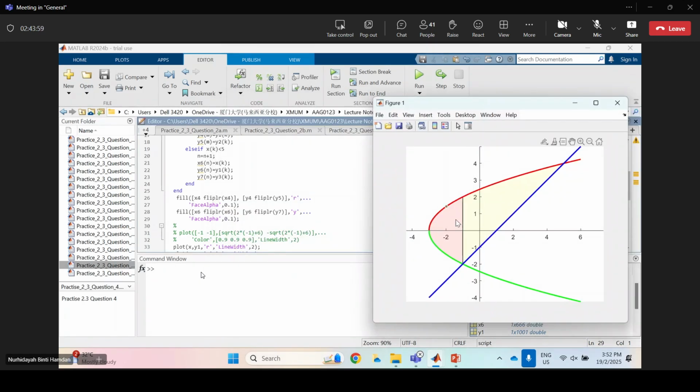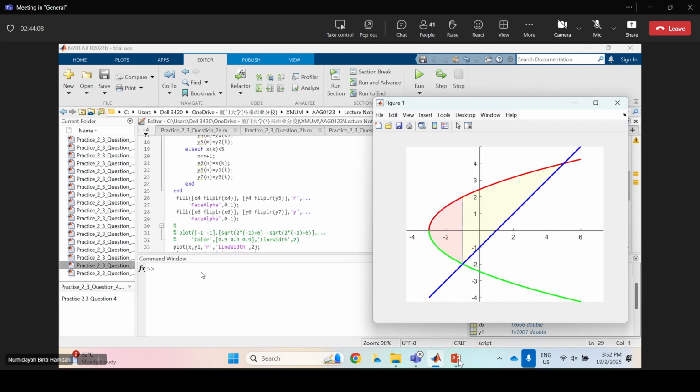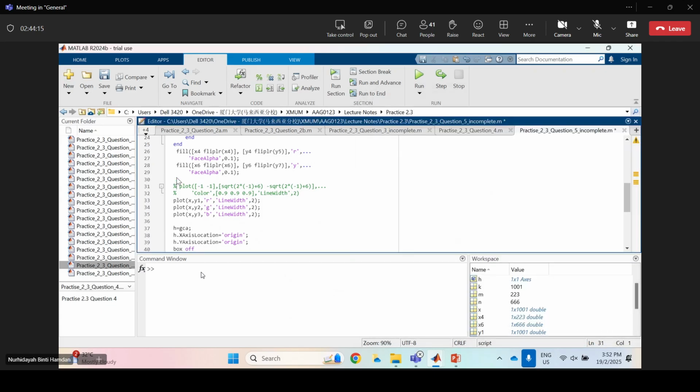The line appeared automatically when you plot it. Now it's not enough yet. What else? Here plot 1, -1.